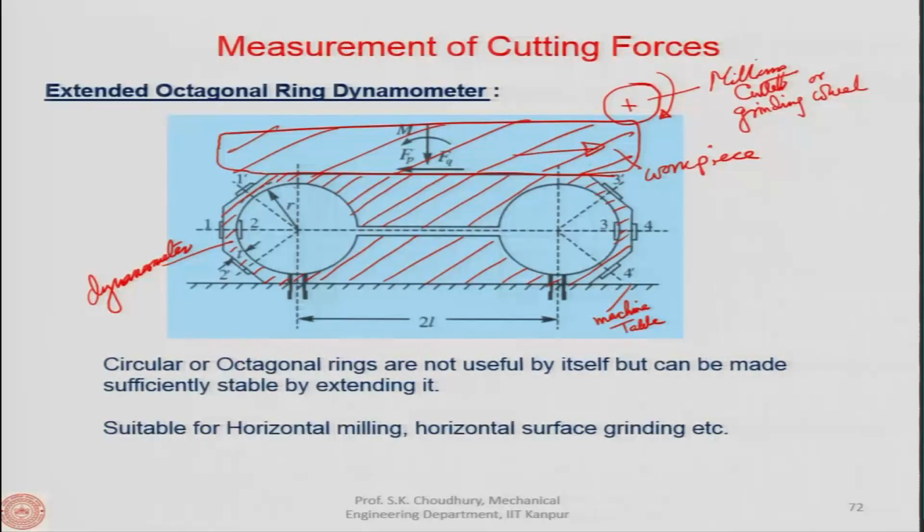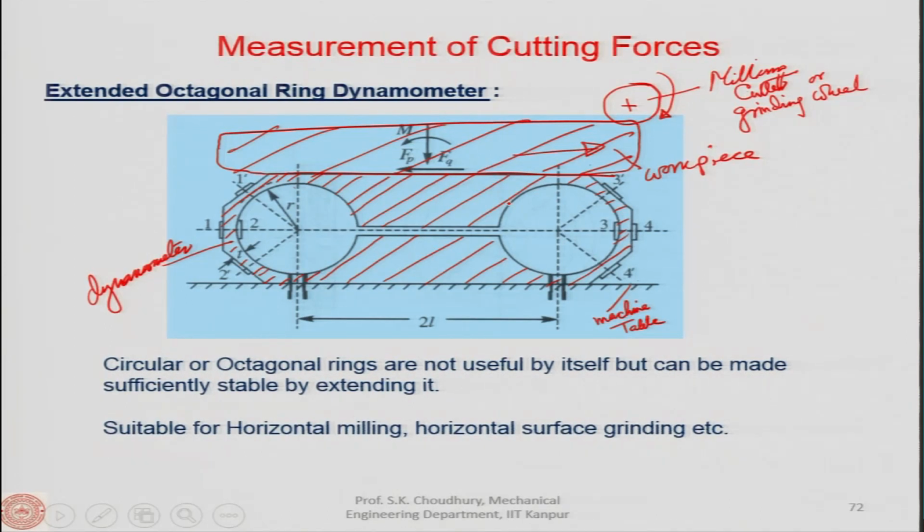So, the ring type dynamometer, which is not very comfortable to use for milling or grinding, or the octagonal ring type dynamometer, these principles are used here, but in a better, developed way, so that the rigidity becomes more and the sensitivity of this dynamometer becomes more. They are very sensitive because of the structure itself.